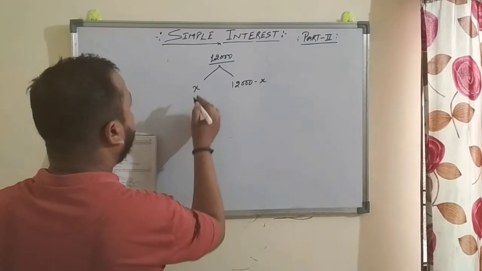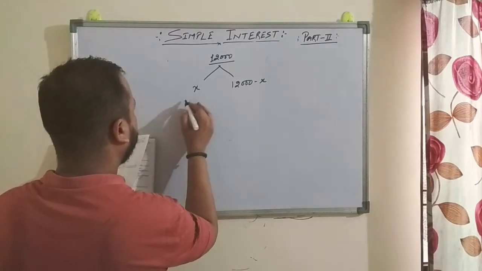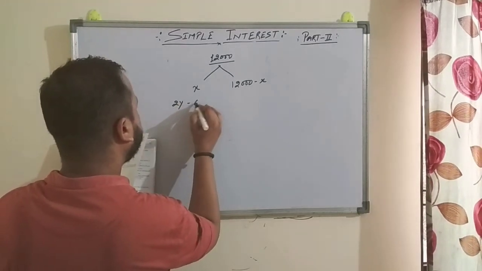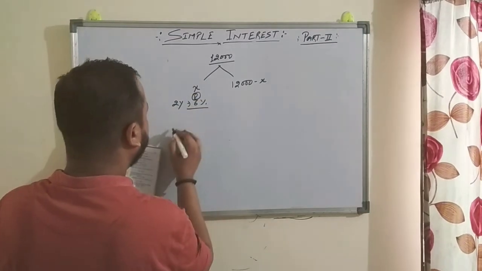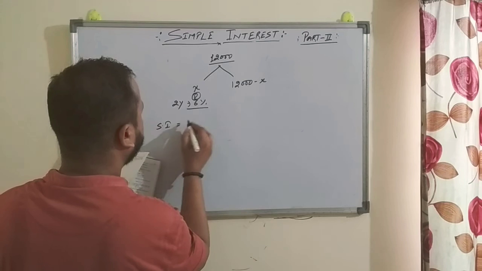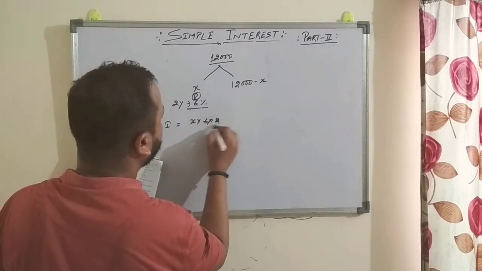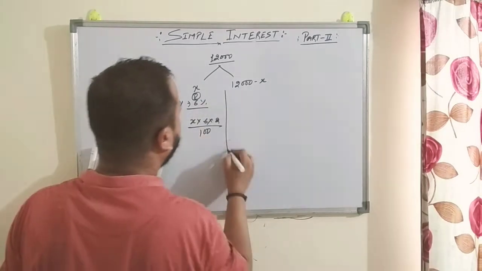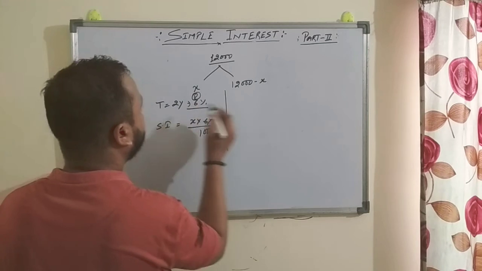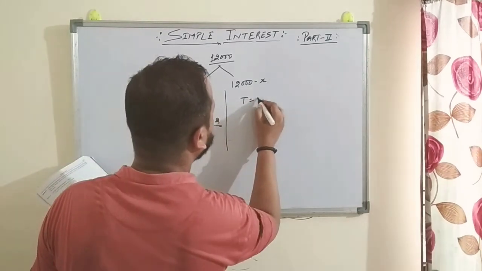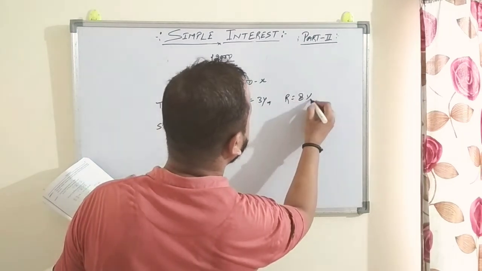So if on x you invested for 2 years at 6% rate of interest, right? So simple interest is what? X into 6 into 2 by 100. And if this other amount you invested for 3 years and the rate is 8%, right?